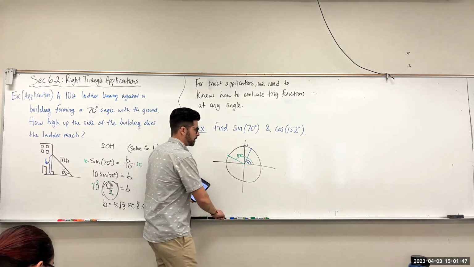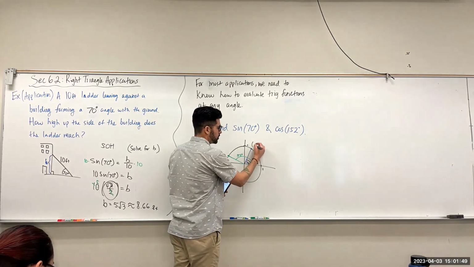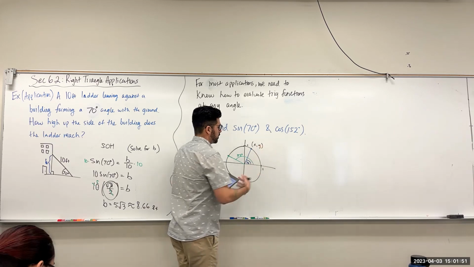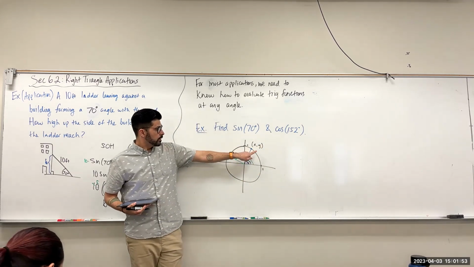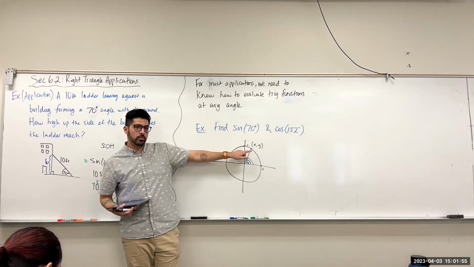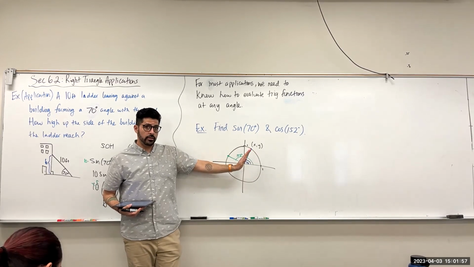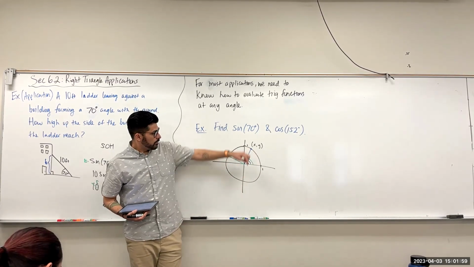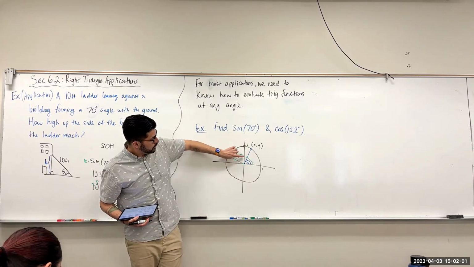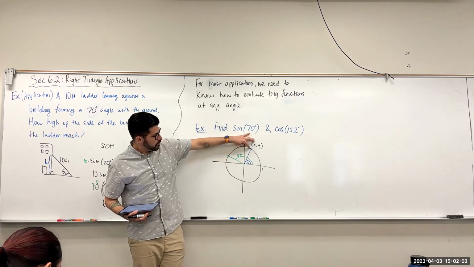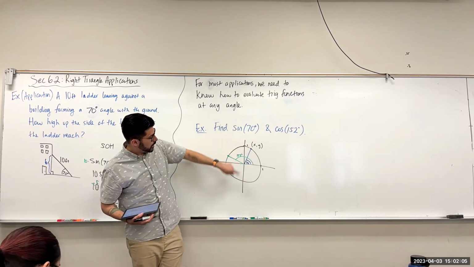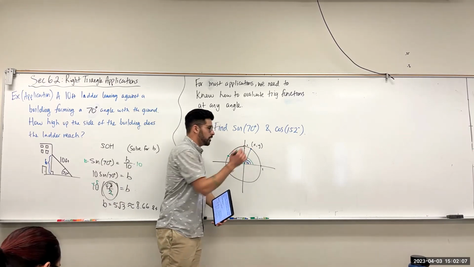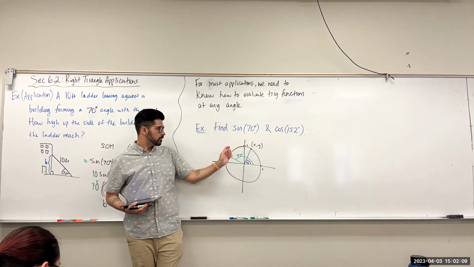Sine is equal to the y coordinate of this point when you rotate the radius by 70 degrees. If I look at the y coordinate, it's around right here, very close to 1.